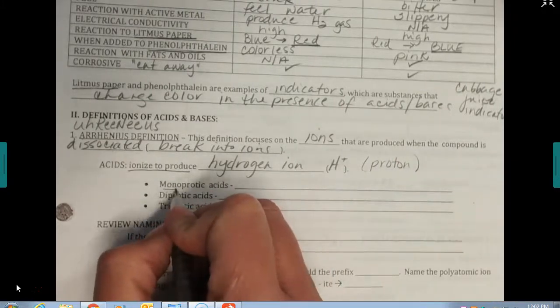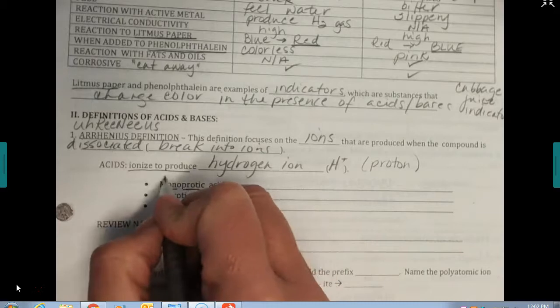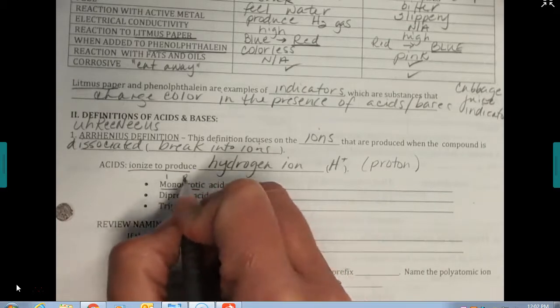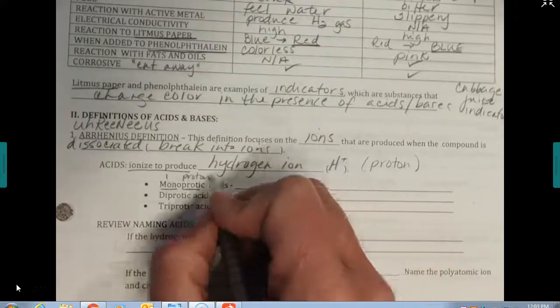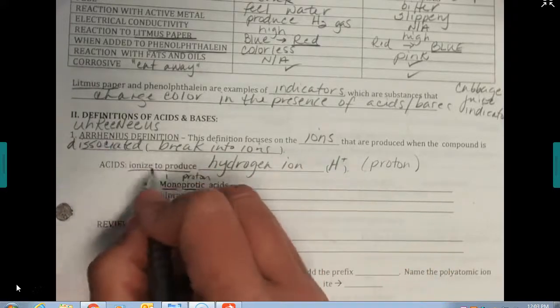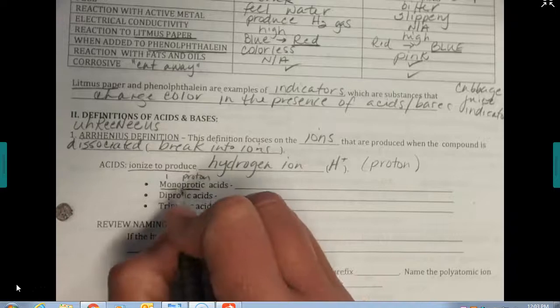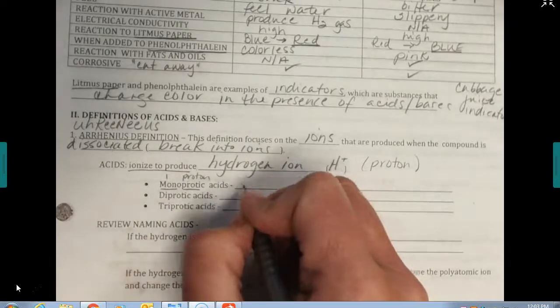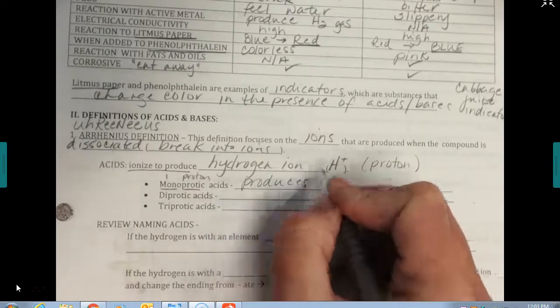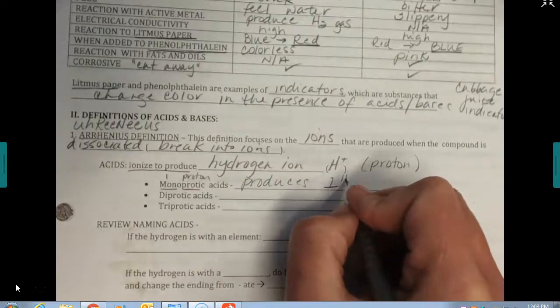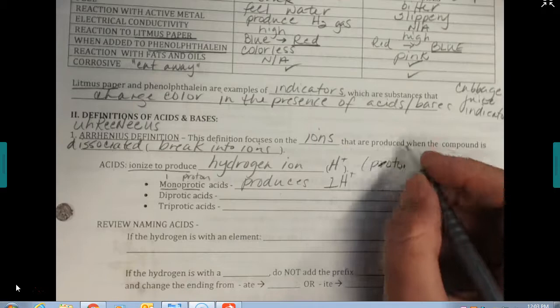Mono means one. Protic means proton. So we have one proton. So our Arrhenius acids ionize to produce hydrogen ions, and when there's just one hydrogen ion, we call it monoprotic.